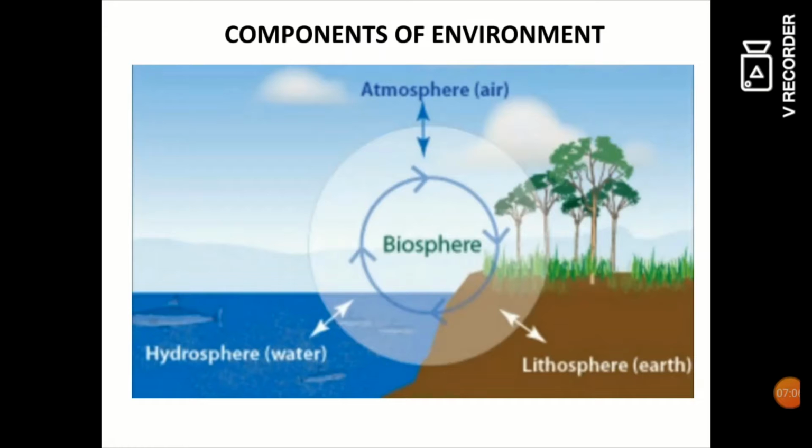There is a lot that biosphere gets from hydrosphere, and there is a lot that hydrosphere also gets from biosphere. Same way, there is a lot that biosphere gets from lithosphere, and there is a lot that lithosphere also gets from biosphere, which is an equilibrium, a kind of give and take policy, right?